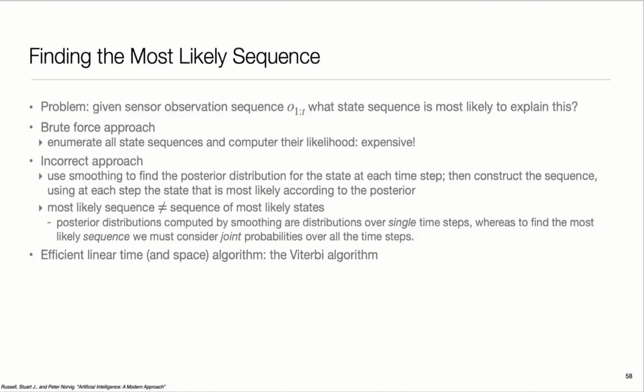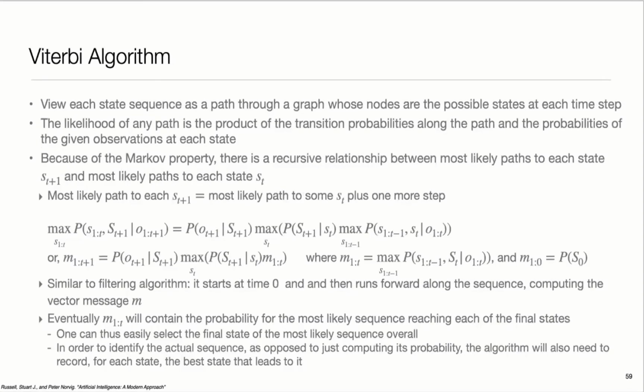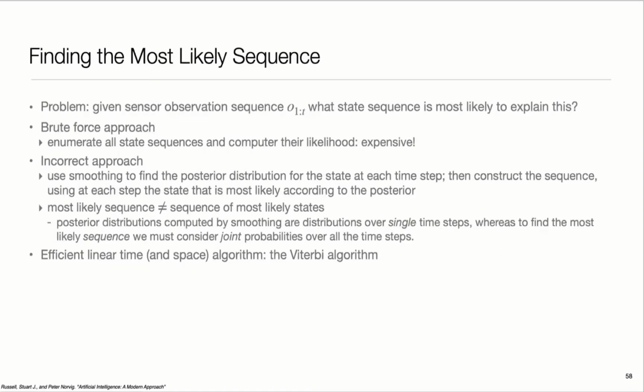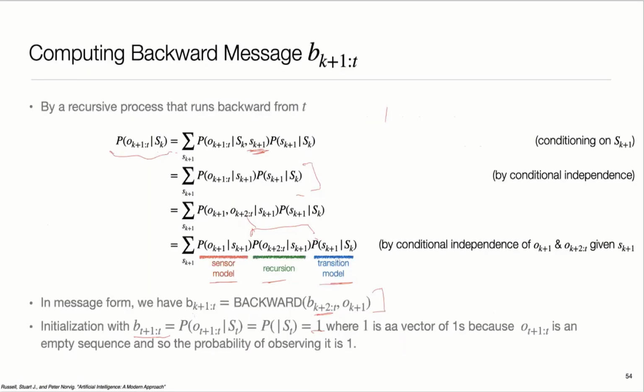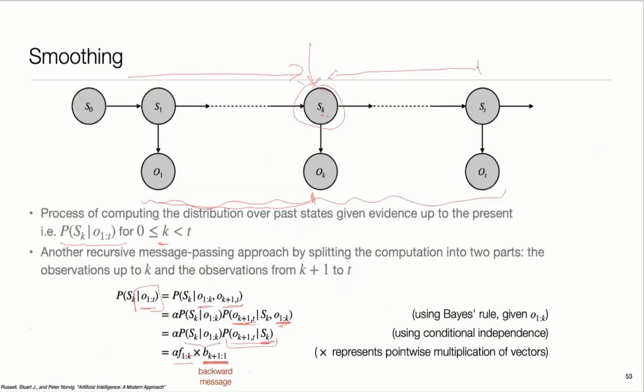Let me do the following. We have only 5 minutes remaining, so I'm going to stop at this point instead of rushing through the most likely sequence. What we have seen thus far is an arbitrary dynamic Bayesian network. What we will do is examine a couple of special cases of it.